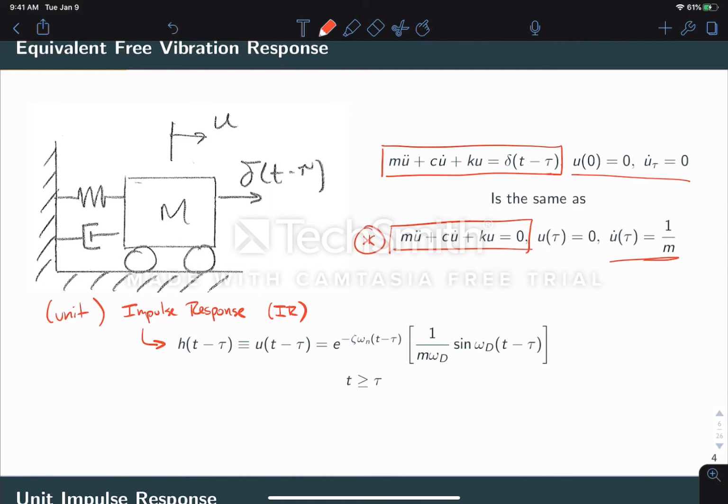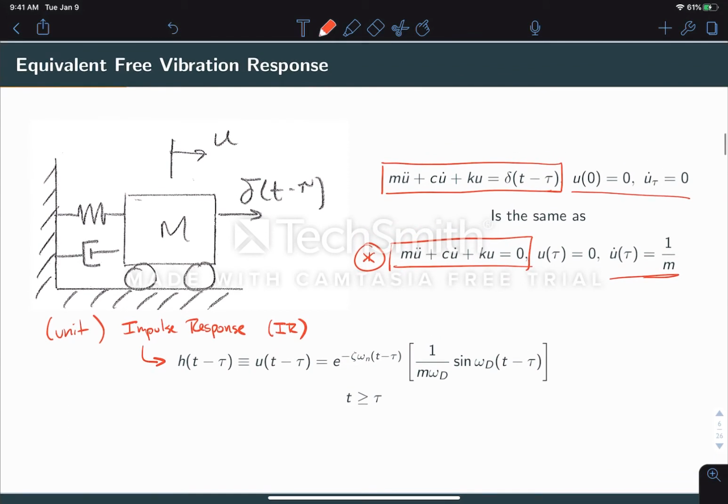And if we look back through our free vibration unit 2, you will see that that is simply this function right here. The only difference is that we've shifted the time terms by a quantity t minus tau.